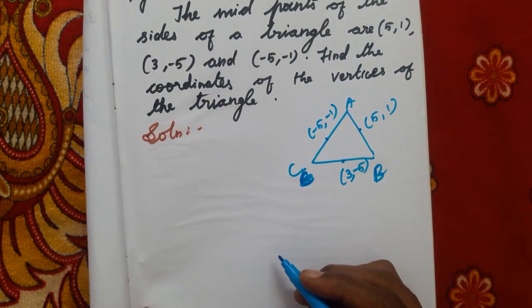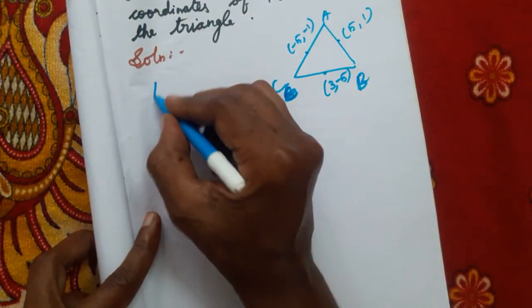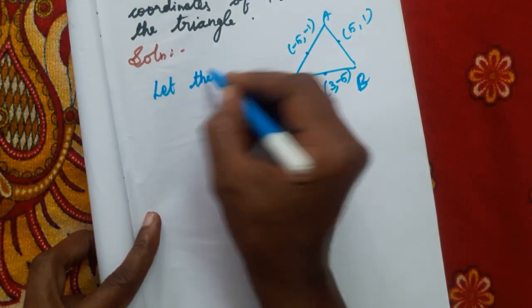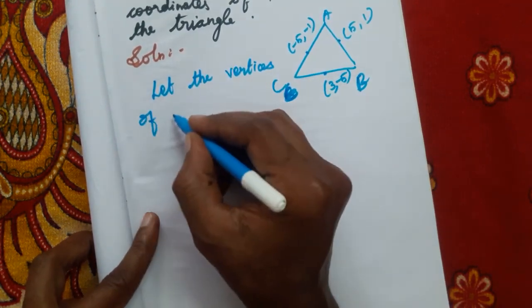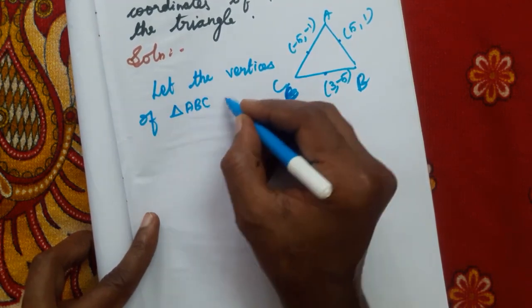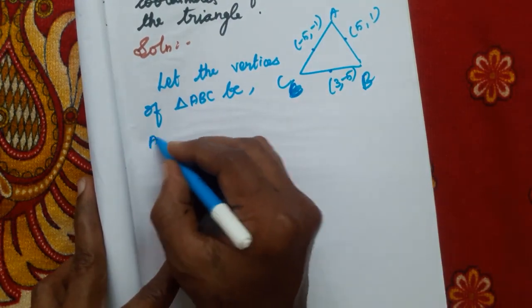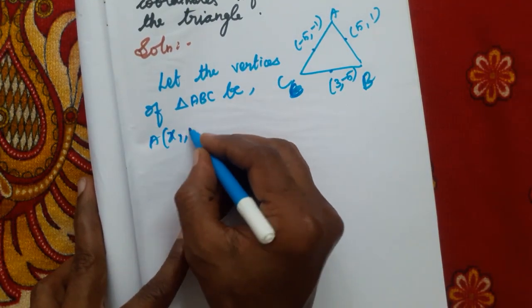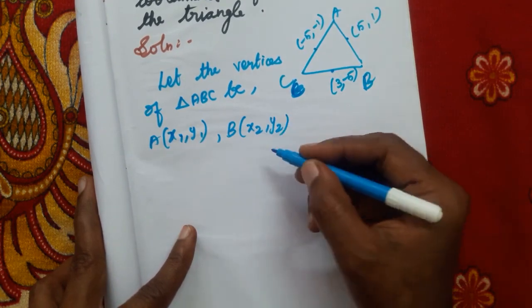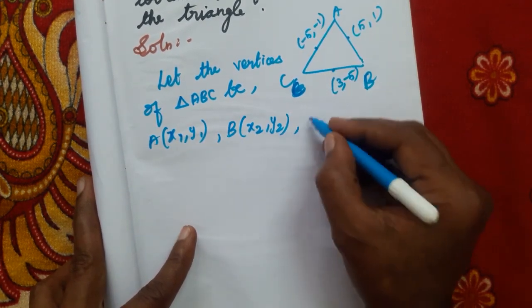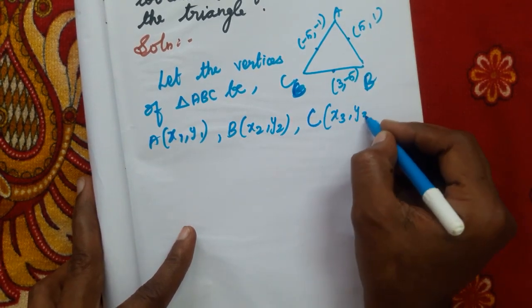Now let the vertices of triangle ABC be A (x1, y1), B (x2, y2), and C (x3, y3).